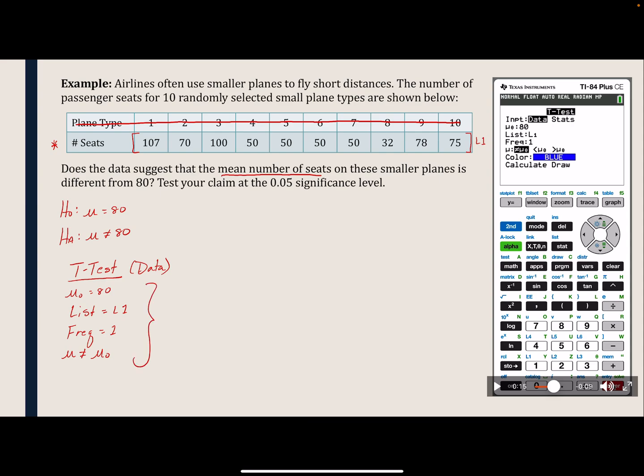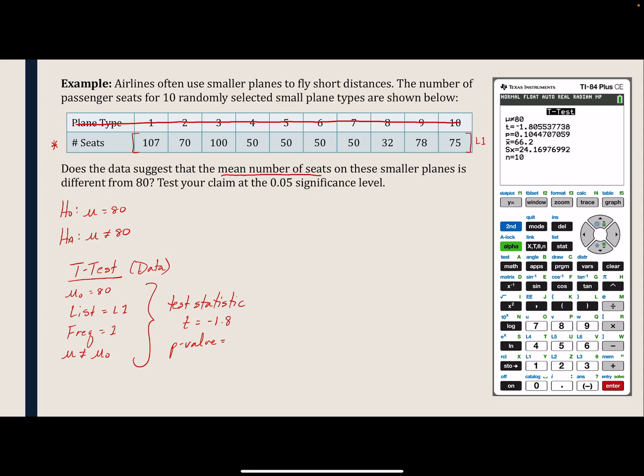We want the test statistic, which in this case is a t-score, and a p-value. So when we hit calculate, we get a test statistic of negative 1.8. So 1.8 standard deviations below the mean, but we have a really small sample size.